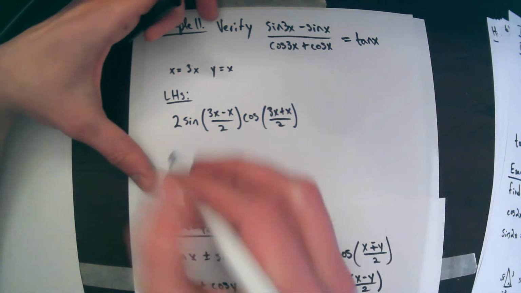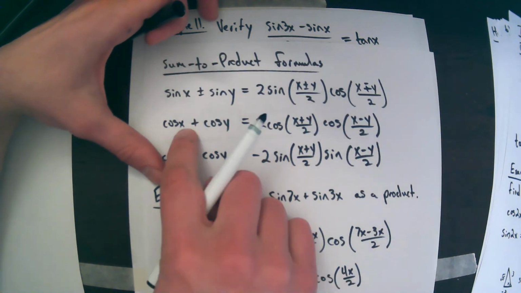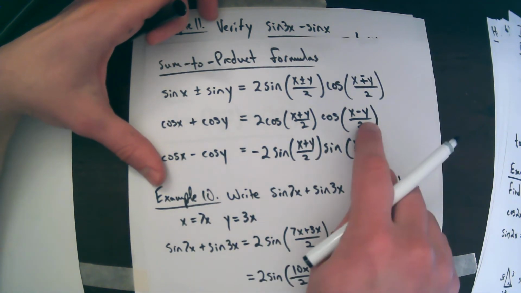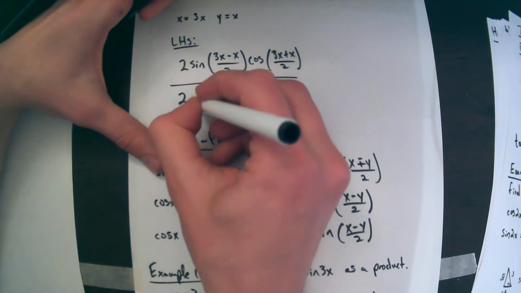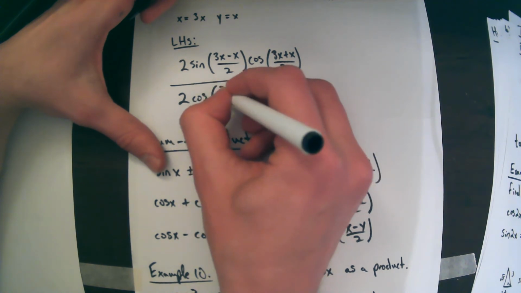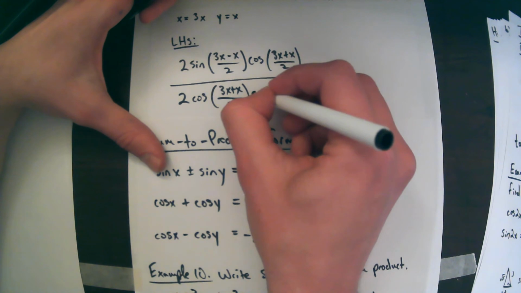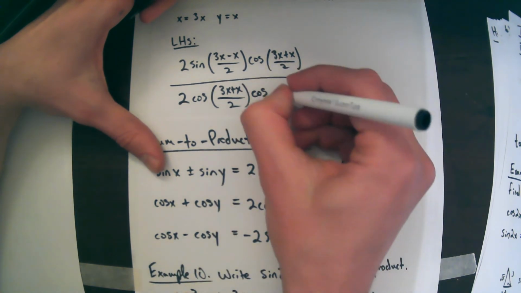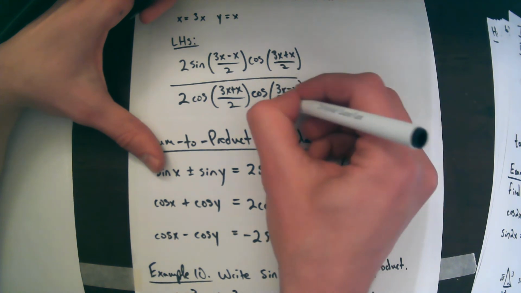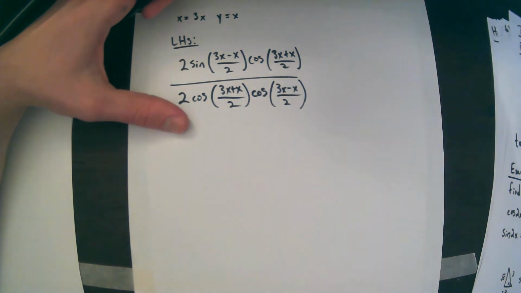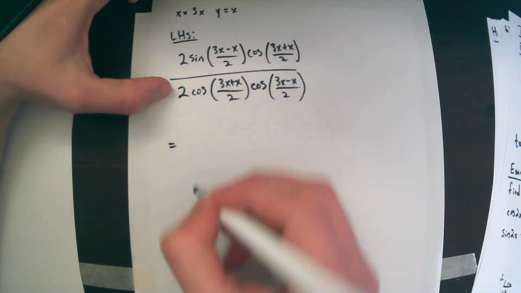That's why that's a plus. Now on the bottom, I have a sum of 2 cosines, so I'm going to have 2 times cosine of their sum all over 2 times cosine of their difference all over 2.